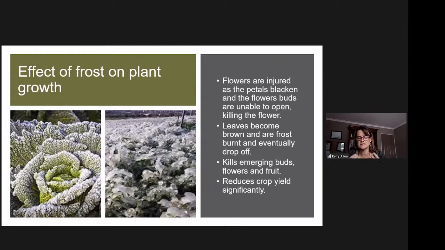But when they go to set their flowers and their flowers burst, or they've got fruit on, that is a time where frost is critical. Unfortunately, in the Waikato a couple of weeks ago, that's exactly what happened. We had a negative 11-degree frost here, and it decimated all those crops that had just started flowering. Therefore, you can't get a crop from them because it's burst those cells and they die. So it significantly reduces crop yield.